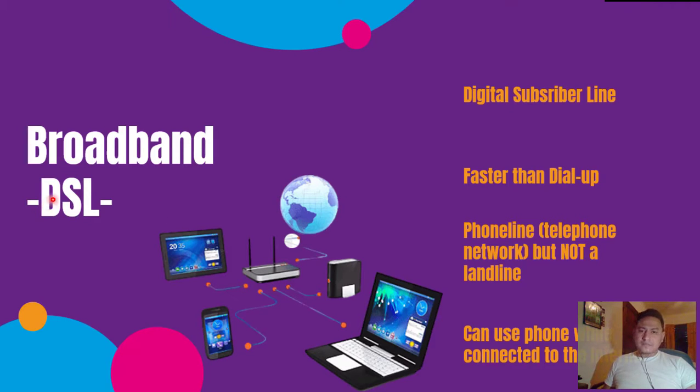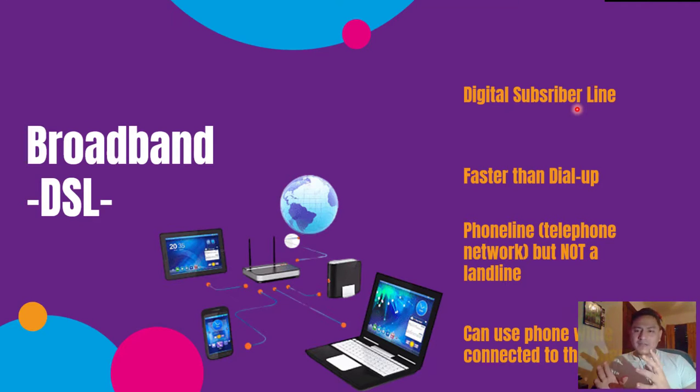Okay, broadband DSL. So this method uses something called DSL, which represents digital subscriber line. Okay, so it uses a phone line, somehow like a telephone network, to connect to the internet, but it is not necessary to have a landline as previously to make the online connection. Okay, so it uses a phone line as well.